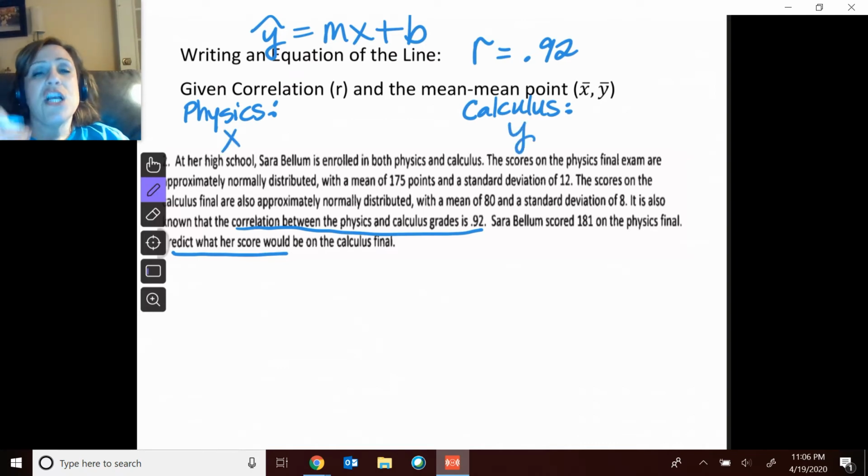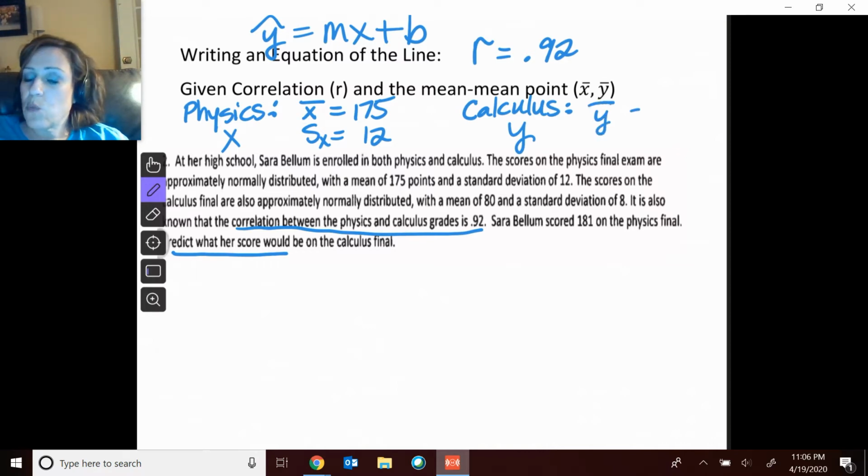That was my first step, determining x's and y's. Now I'll fill in the values. The mean for physics was 175 with a standard deviation of 12. The mean for calculus, the y bar, was 80, and the standard deviation was 8.